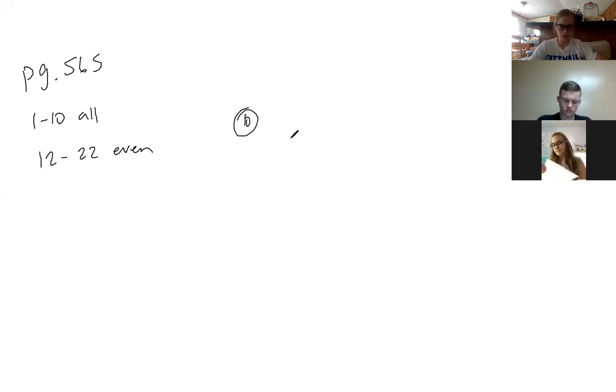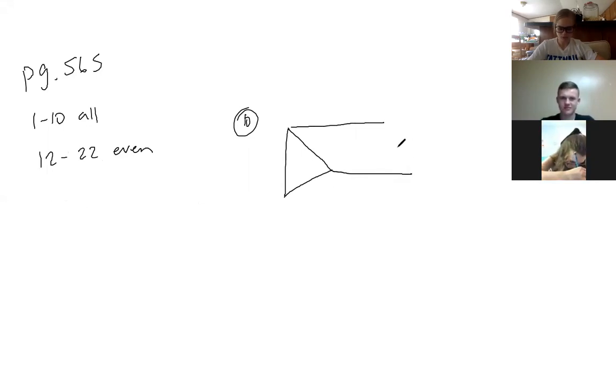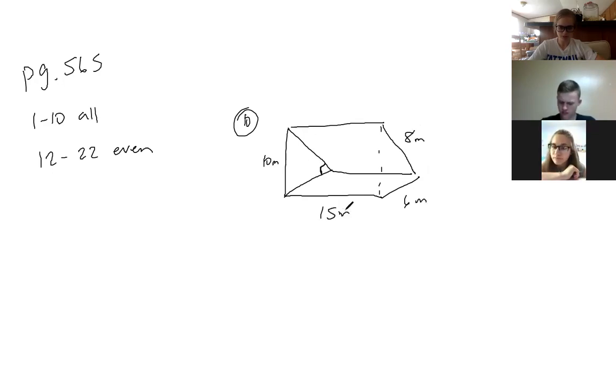I'm going to attempt to draw this real quick. All right, here we go. That makes a right angle there. And I've got 10 meters, 8 meters, 6 meters, and 15 meters. I am finding the surface area.